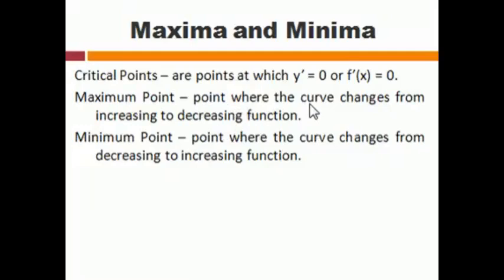Maximum point is where the curve changes from increasing to decreasing function, meaning the slope changes from positive to a negative sign. Minimum point, point where the curve changes from decreasing to increasing function. So the minimum point you have from decreasing function, the slope is negative, then changes to increasing function, the slope is positive. So you have a minimum point.